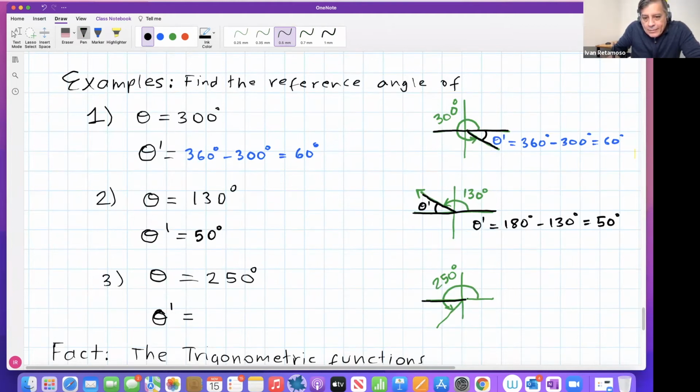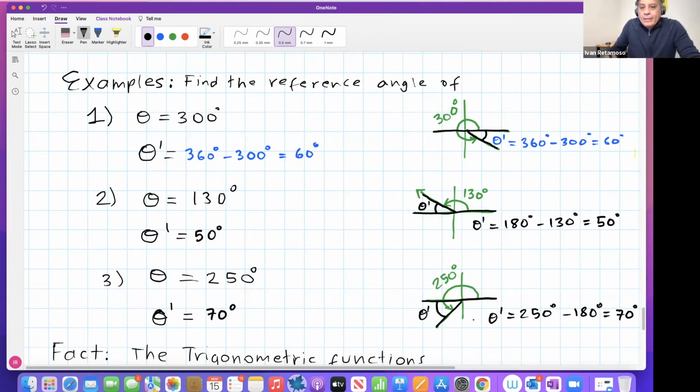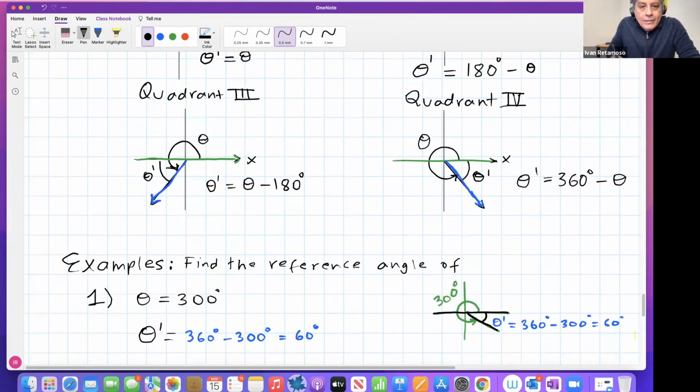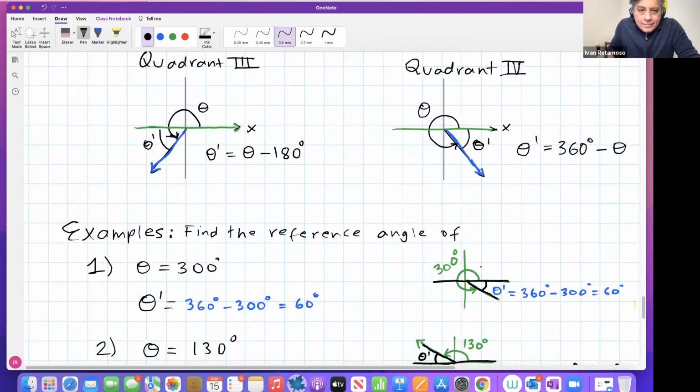That is the acute angle formed by the x-axis and the terminal side of the angle, this angle. Clearly, that is going to be 180 up to here, 250 up to here. So theta prime has to be equal to 250 degrees minus 180 degrees, and that is just 70 degrees. So theta prime is 70 degrees, right? Either from the graph or following this formula you can get it.